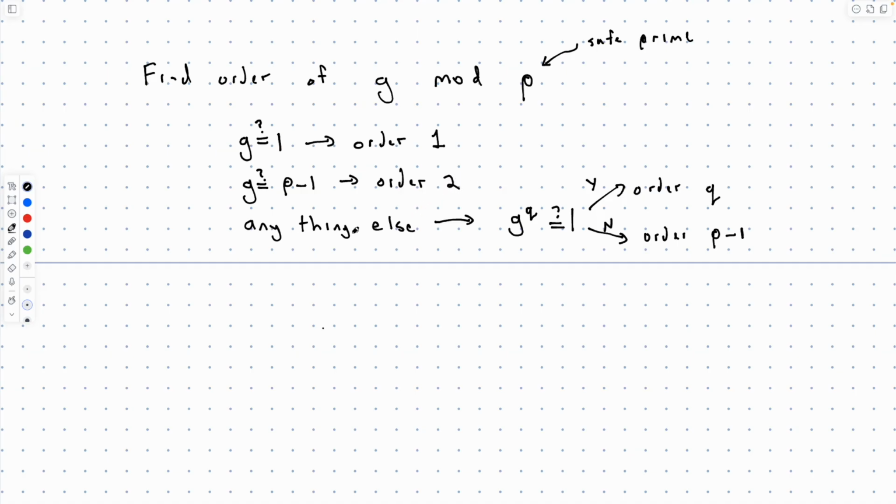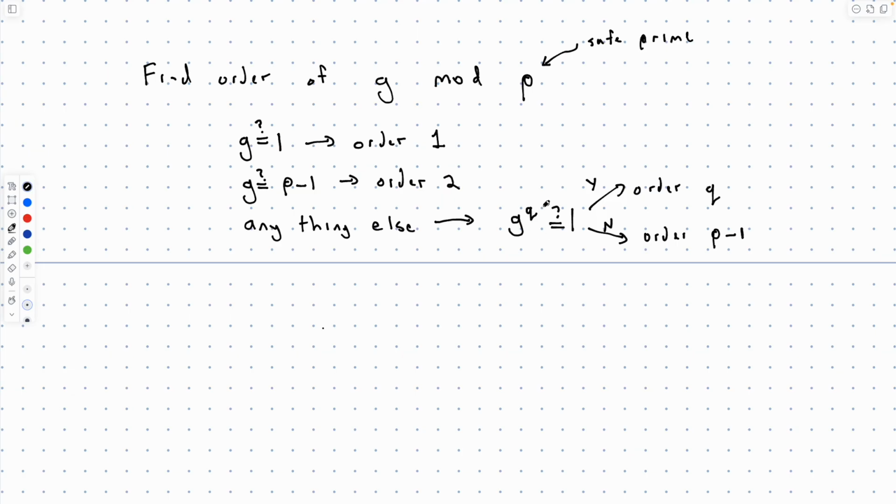And if it's anything else in between, which it probably will be, you basically have two choices left. It's either going to end up being order Q, or it's going to end up being order P minus 1. If you want to check whether it's order Q, you just raise it to the Q and ask if it equals 1.